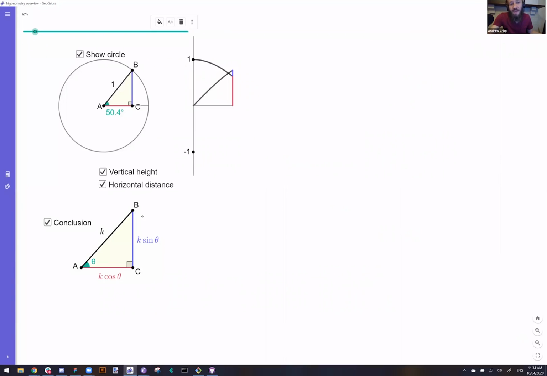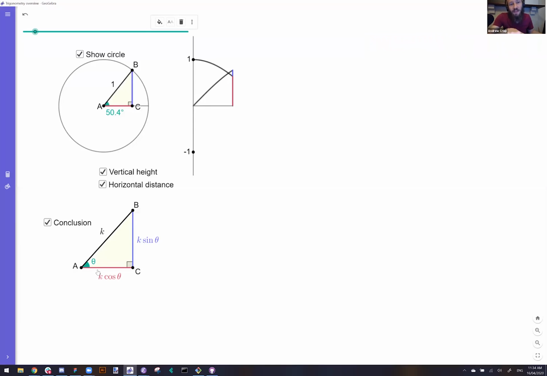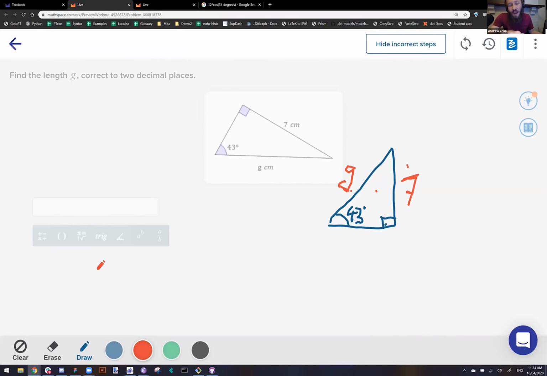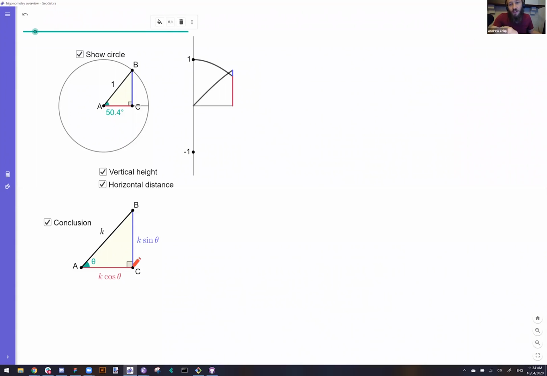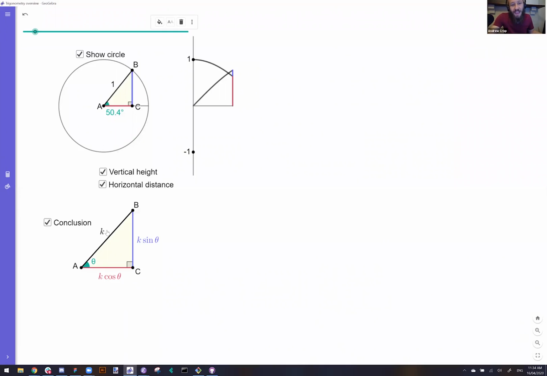I'm just going to flick back here. In here, I've got my theta, that's this 43 degrees here. I've matched that up right. I've matched up my right angle correctly, looking good. I've got my hypotenuse, that's that K, but I've got this vertical bit that's K sine theta.